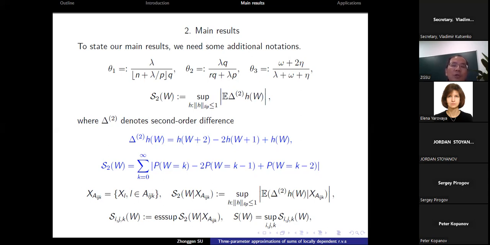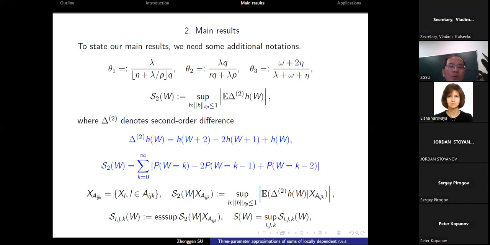For example, delta 2 H of W is equal to H of W plus 2 minus 2 H of W plus 1 minus H of W. W is an integer valued random variable, and we take the expectation with respect to W, and take the supremum over all Lipschitz functions with Lipschitz constant 1.